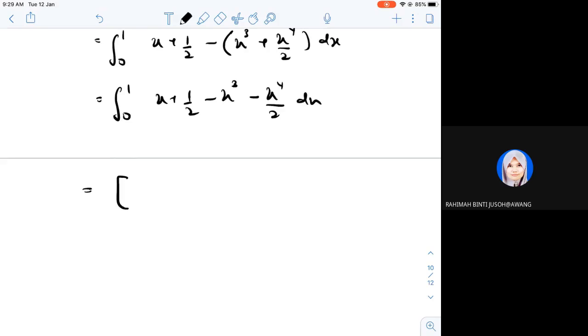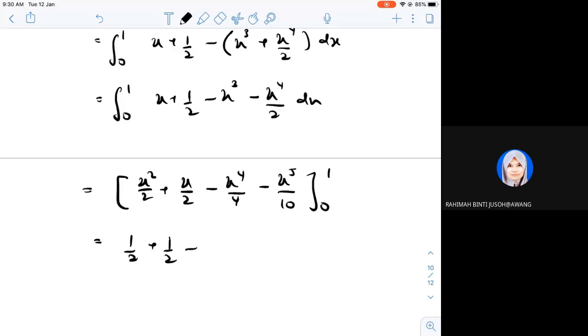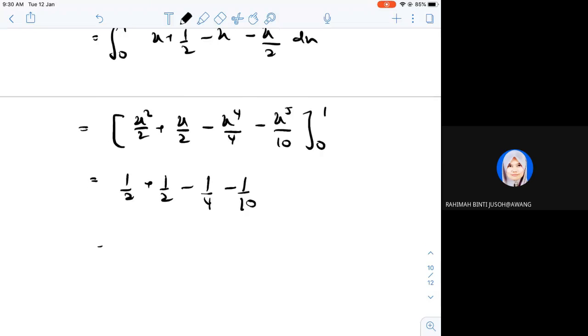So it becomes x squared over 2 plus x over 2 minus x to the power of 4 over 4 minus x to the power of 5 over 5 times 2 is 10. So 0 and 1. 1 over 2 plus 1 over 2 minus 1 over 4 minus 1 over 10. Try to calculate, what do you get?